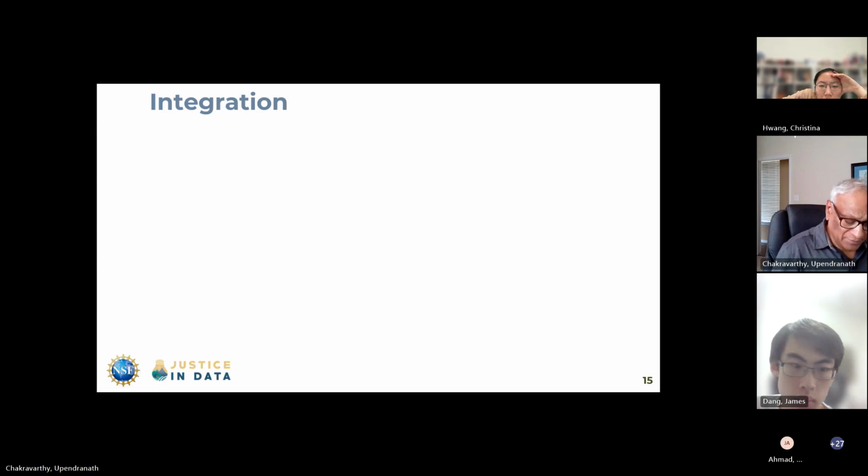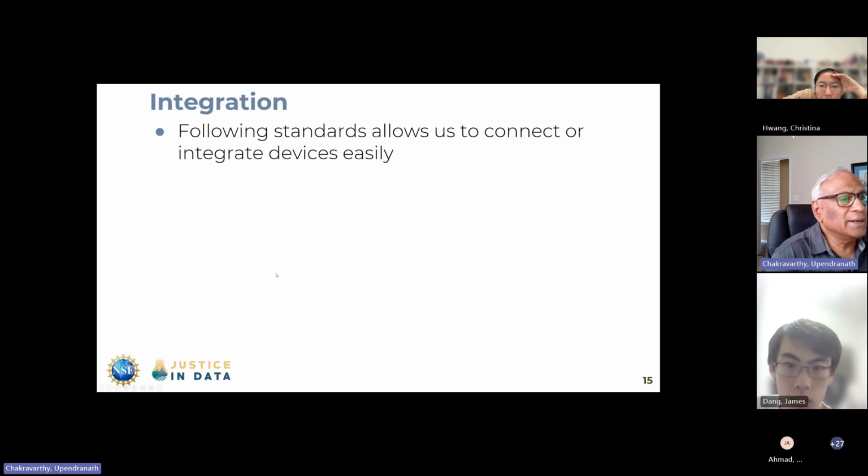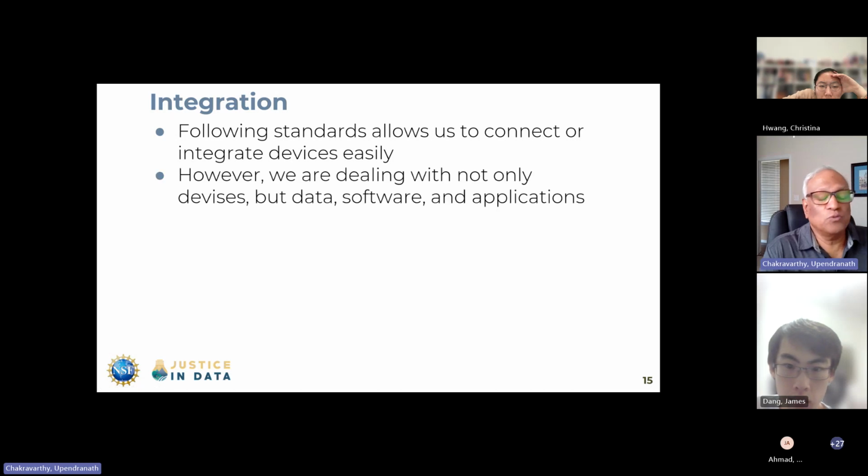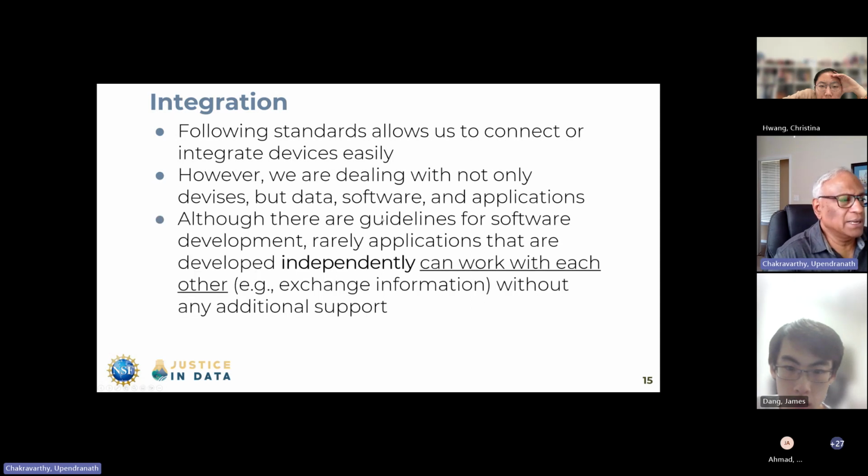So for integration, standardization is extremely critical. Following standards allows us to connect or integrate devices easily. And that is also true for software or data. However, we are dealing with not only devices, but data, software and applications. Although there are guidelines for software development, rarely can applications that are developed independently work with each other or exchange information without any additional support.